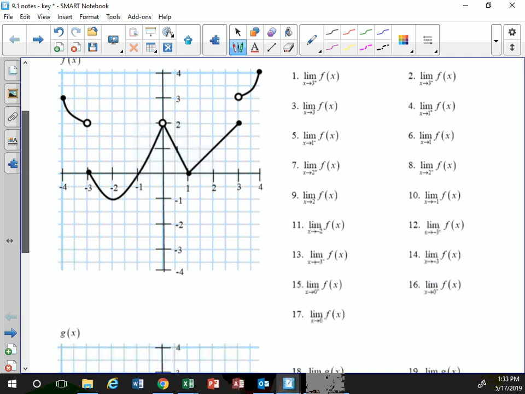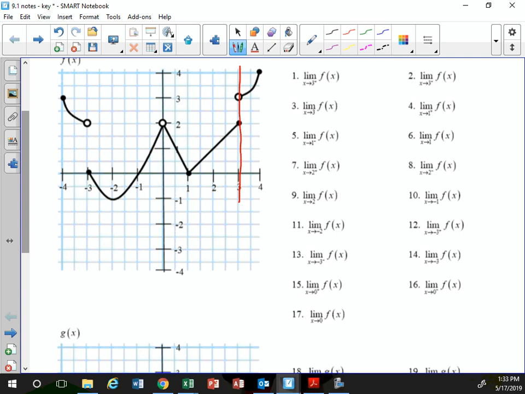All right, so let's look at the first one here. It says the limit of f of x as x approaches 3 from the right. So I'm going to go to an x value of 3, and I'm going to draw like a wall. Okay, so here's my wall. Not an asymptote at all. This is the wall.